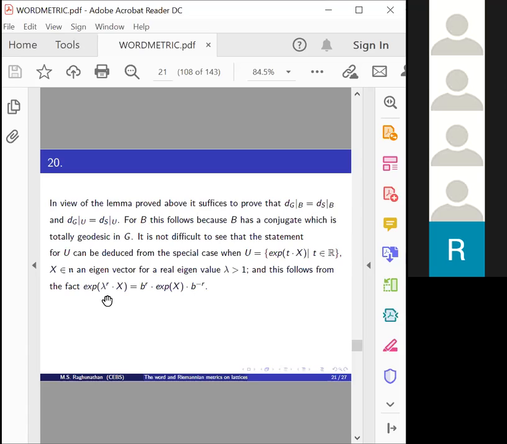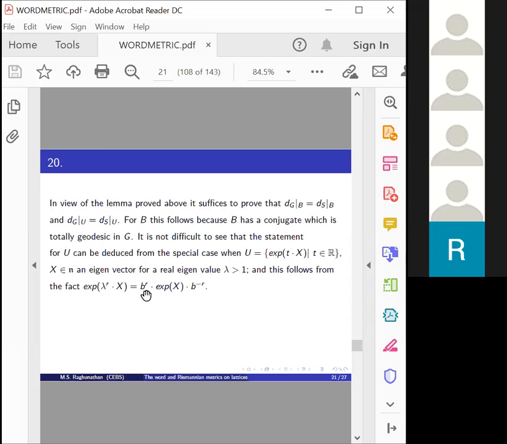So by the triangle inequality, the distance of this element, exponential of lambda power x, is bounded by the distance of b power r from the identity, plus the distance of x from the identity, plus the distance of b power minus r from the identity.